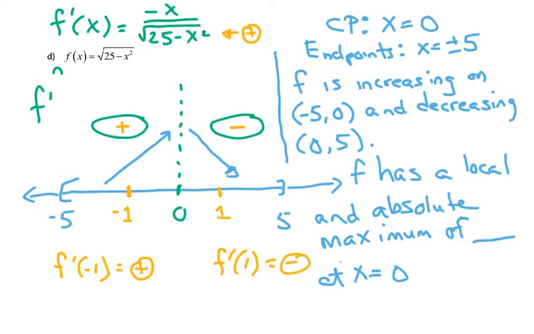Well, f of 0 is pretty easy to figure out what that is. That is 5.